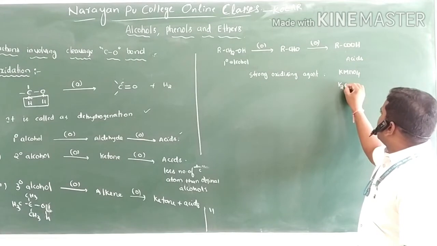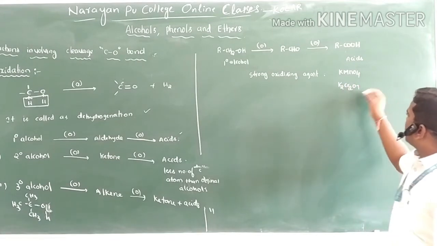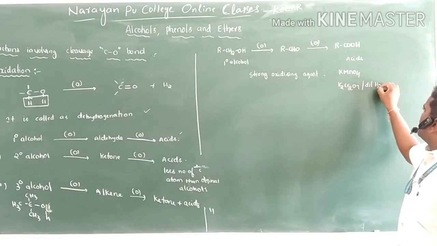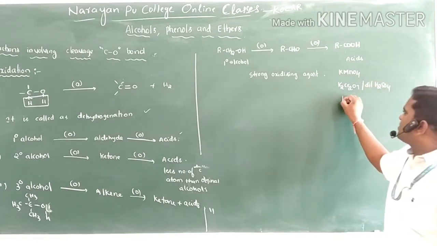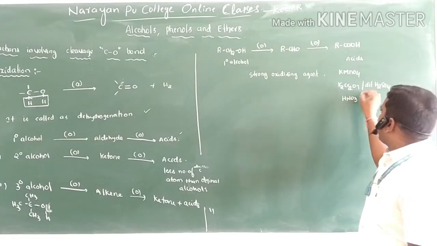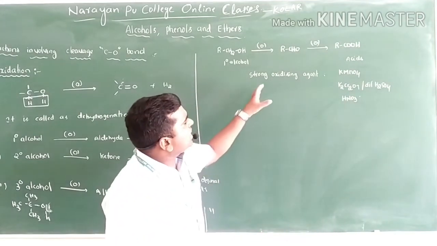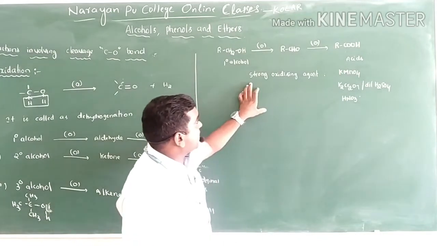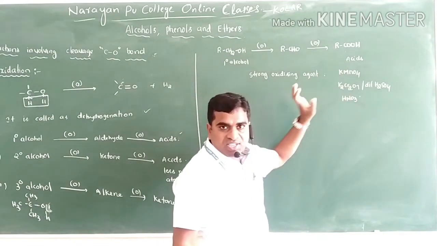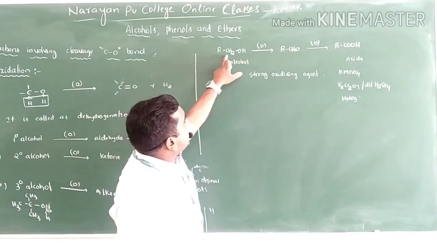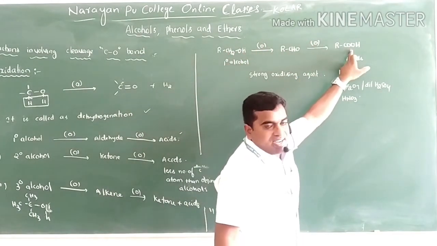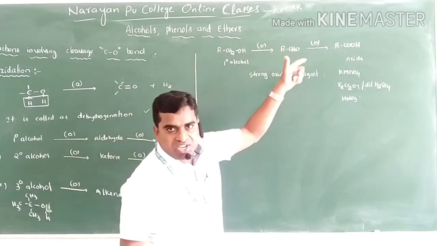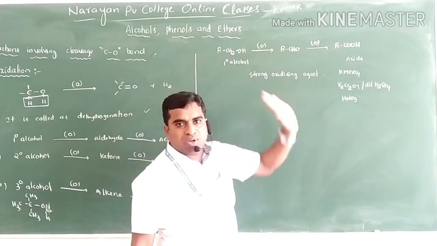And the second one is potassium dichromate, K2Cr2O7, in acidic medium, dilute H2SO4, and sometimes it can be HNO3 also. Clear? If you use any one of these powerful oxidizing agents, then alcohols are directly converted into which one? Acids. The reaction will not stop at the aldehyde stage. Alcohols are directly converted into acids.